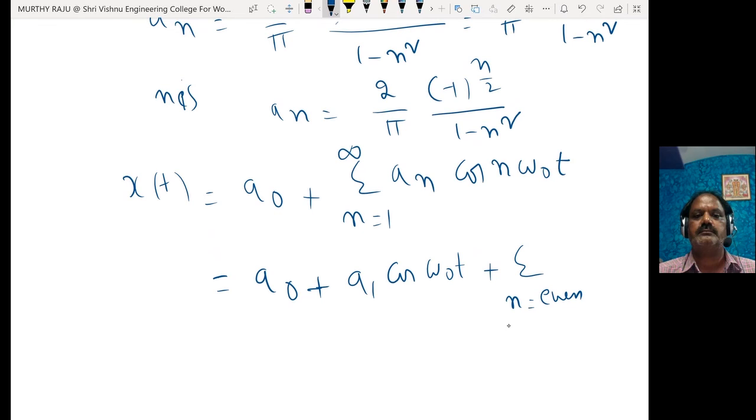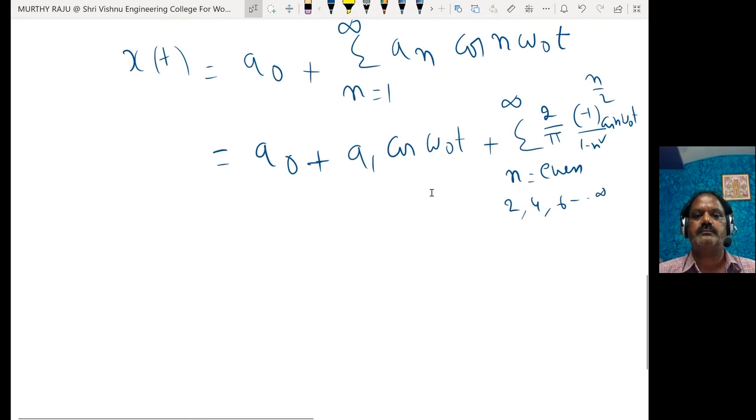For odd values, an is 0. For 2, 4, 6, and so on up to infinity, an value is 2 by pi, minus 1 whole power n by 2, by 1 minus n square, cos n omega naught t.